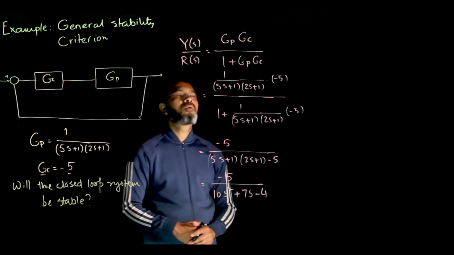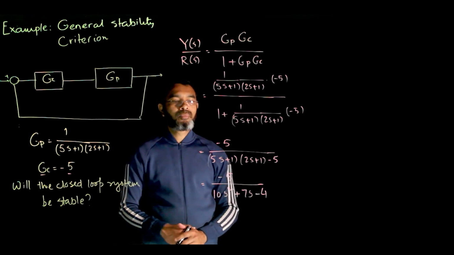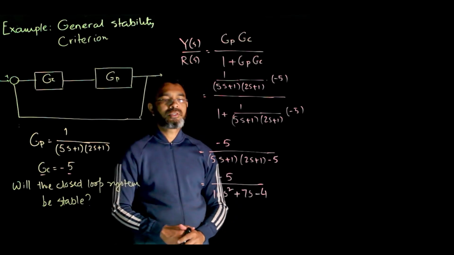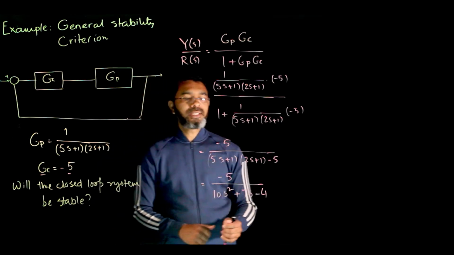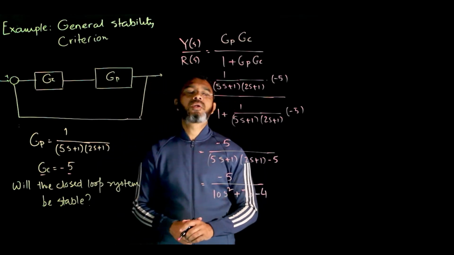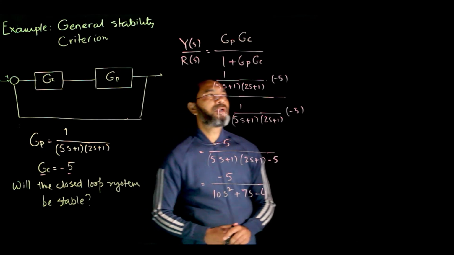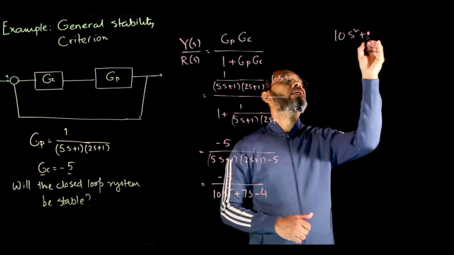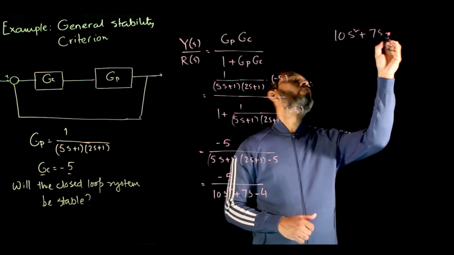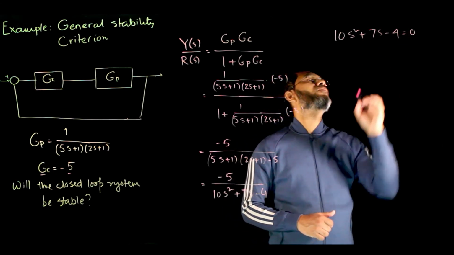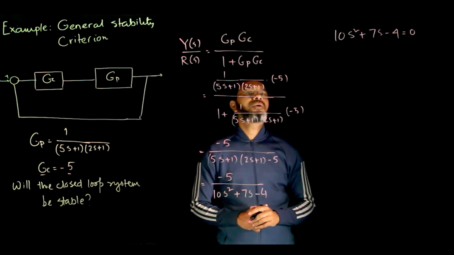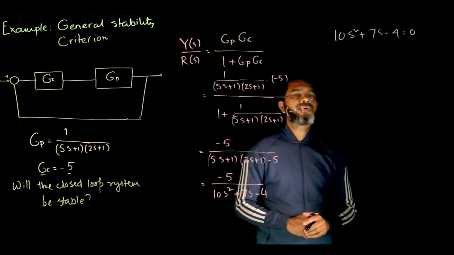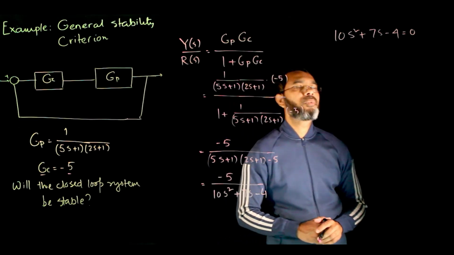Now to find out the poles of this transfer function. We know that the poles are nothing but the solutions of the denominator polynomial, so if you set the denominator polynomial to 0, we get this equation, and the solution of this equation will give us the poles.